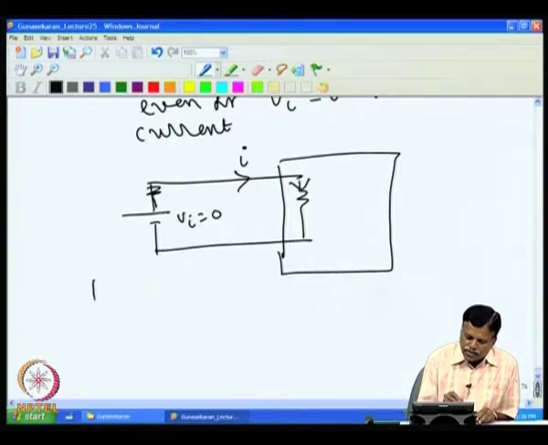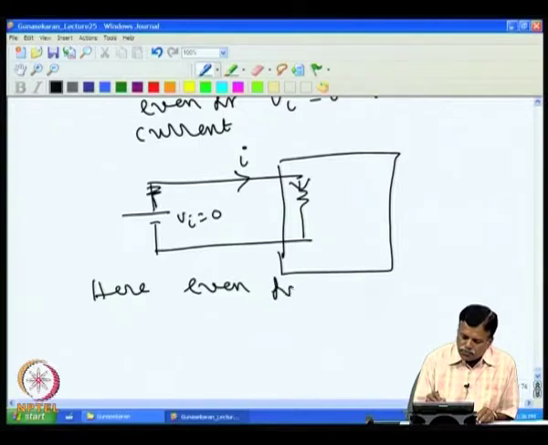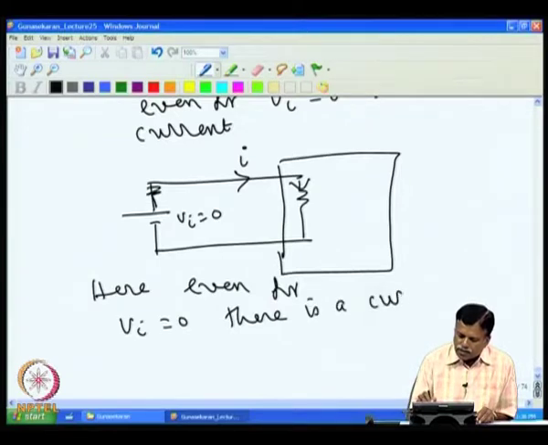So, here even for Vi equal to 0, there is a current to the input.